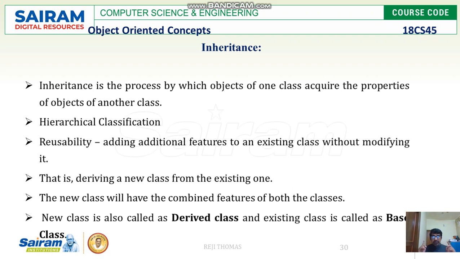Think that you have got two objects, A and B. Object B can inherit certain properties from object A. So this is called inheritance. Or we can say that class B can inherit certain properties from class A. Class A is something like a parent or grandparent, and class A is known as the base class, and class B is known as the derived class.